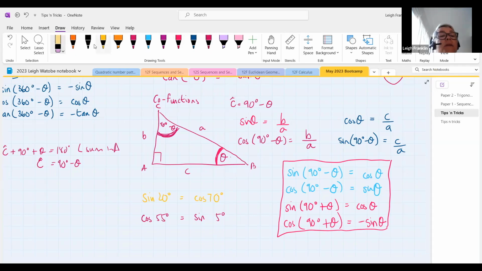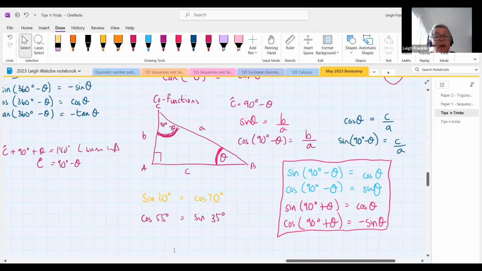It's got to add up to 90. Very important for matric is being able to rewrite sine theta as cos theta and cos theta as sine theta. I could explain where 90 plus comes from, but it involves a rotation. You don't need to know that, but you do need to know what the sine of 90 plus theta and the cos of 90 plus theta are equal to.